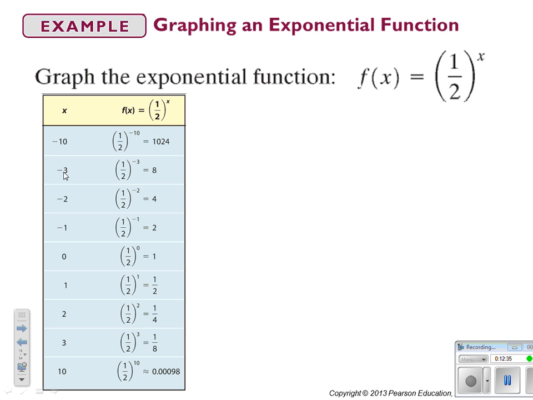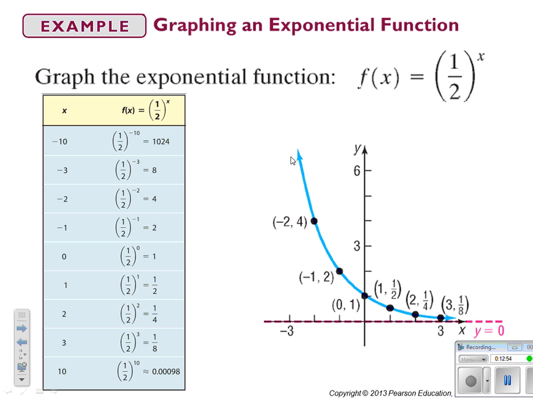If I raise it to the negative 3 power, I'm going to get a medium number. Raise it to the negative 2, I get 4. To the negative 1, I get 2. Anything to the 0 power is 1. To the first power is 1/2. Squared is 1/4. And I'm starting to get smaller and smaller and smaller.